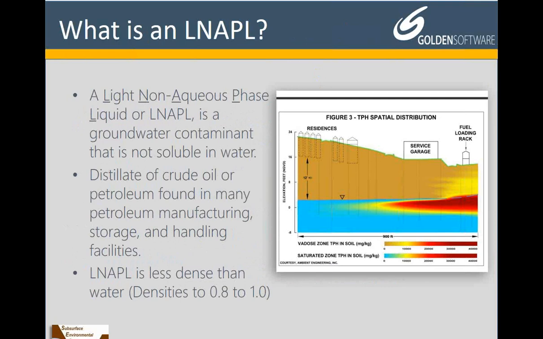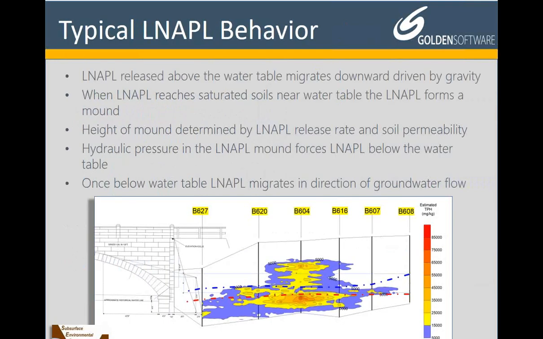Generally we're talking about fluids that have very low solubility in water. While they can contaminate groundwater, they will not readily dissolve in water, and the densities of most LNAPLs fall into the range of about 0.8 to 1.0.